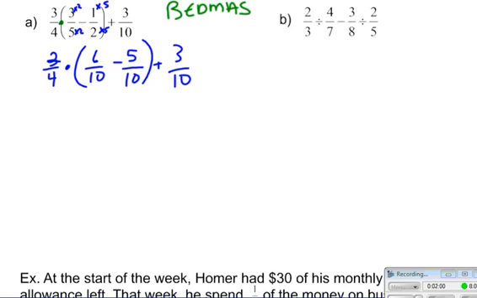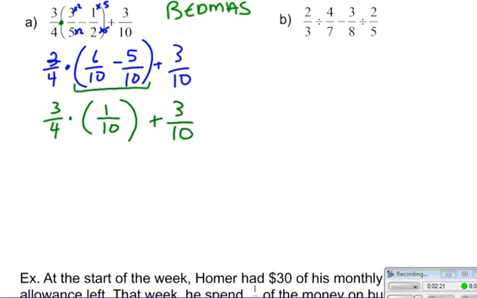Okay, so we're going to solve what's inside the brackets first. So remembering the order of operations, I want you showing me what you're solving first. So 3/4 times 6/5, 6/10 take away 5/10, so we get left with 1/10 plus 3/10.